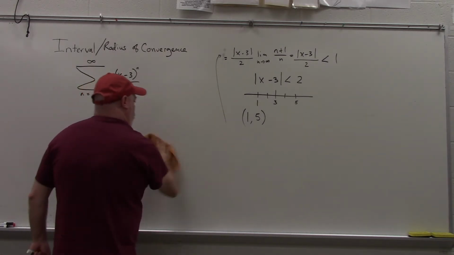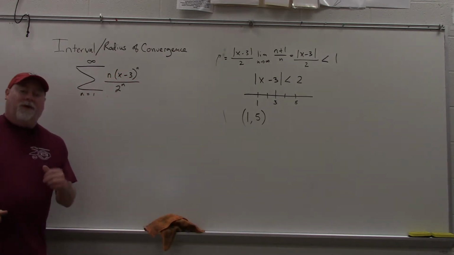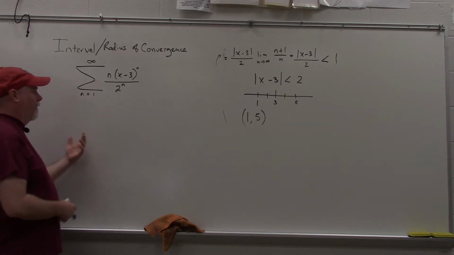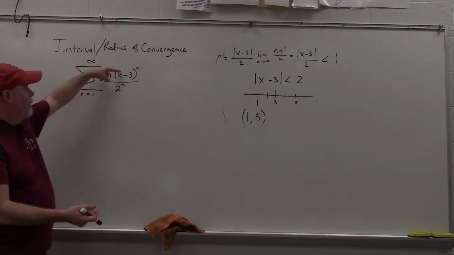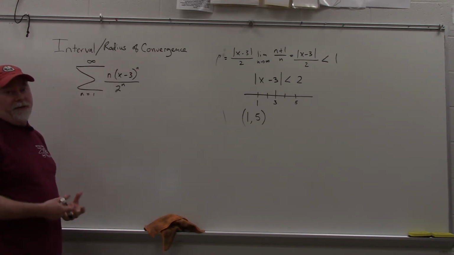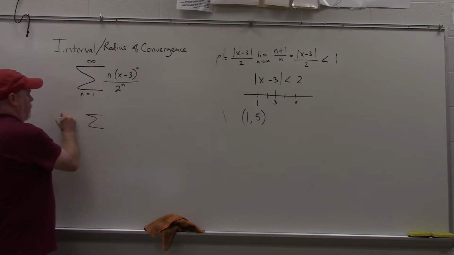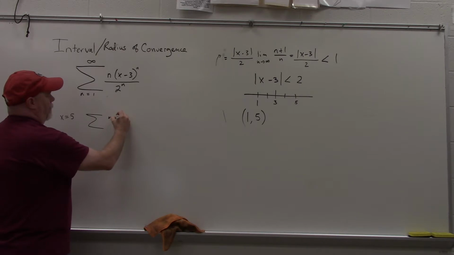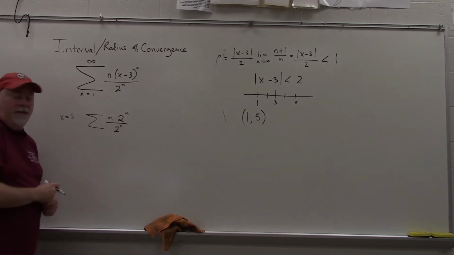All right, so let me create some room here. Now, when you're coming up with a test to use here, a couple things should happen, okay? When I substitute these numbers in, the exponential parts are supposed to cancel. So if we let x equal 5, we're going to have n, 5 minus 3 is 2 to the n, over 2 to the n.